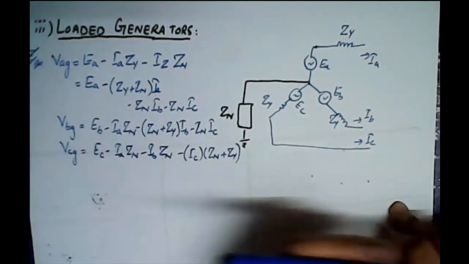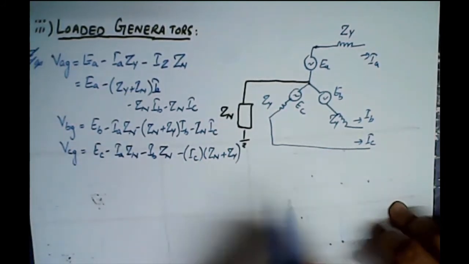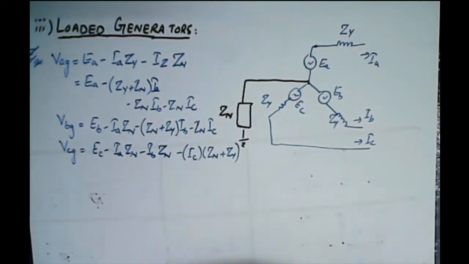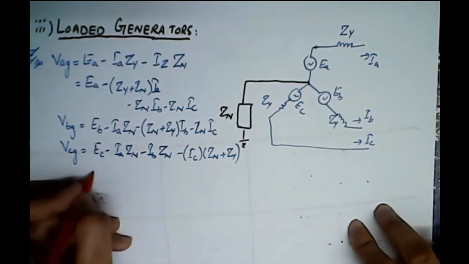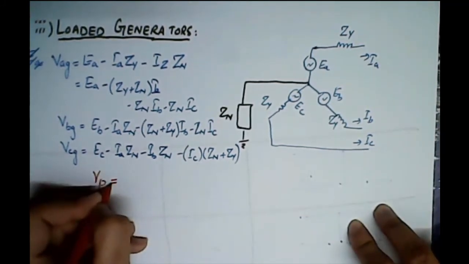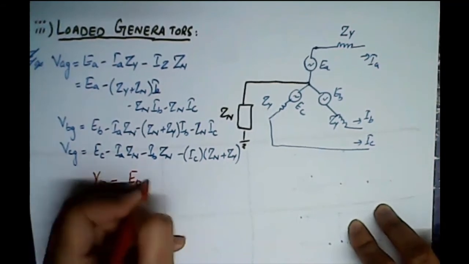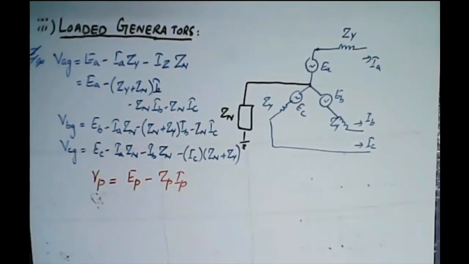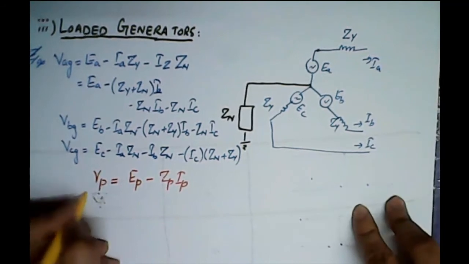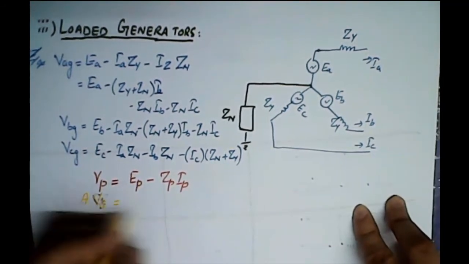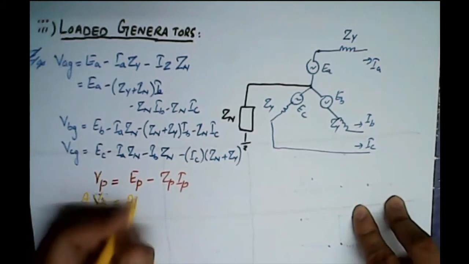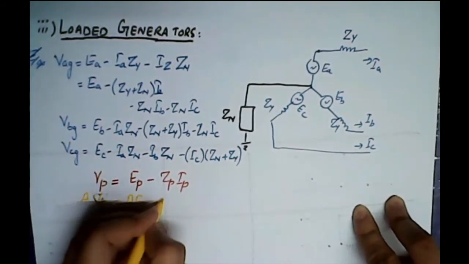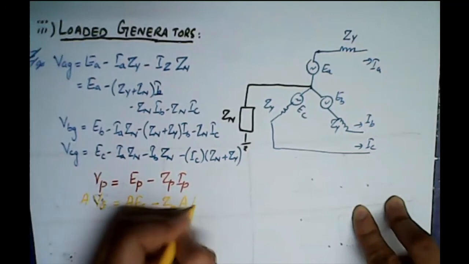Next we will do what? We will convert them into matrix form. This will be of this form: Vp equals Ep, that is phase, minus Zp times I, right? And then we will use the sequence component formula. AVs equals AEs minus Zp times AIs.